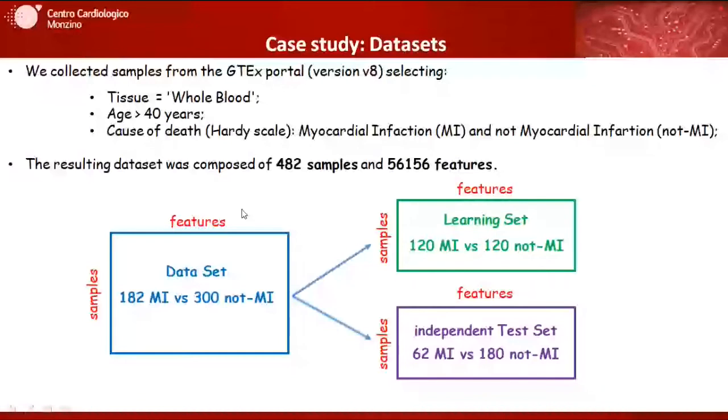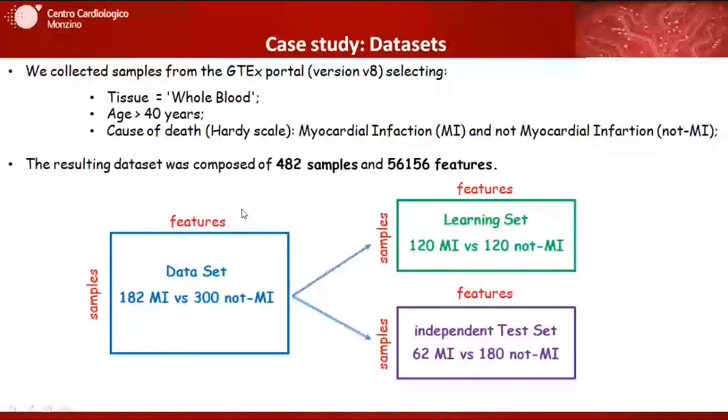So the resulting data set was composed of 482 samples and more than 56,000 features. We split the entire data set into a balanced learning set that we use for building the classification model, and an independent test set just for the prediction step.